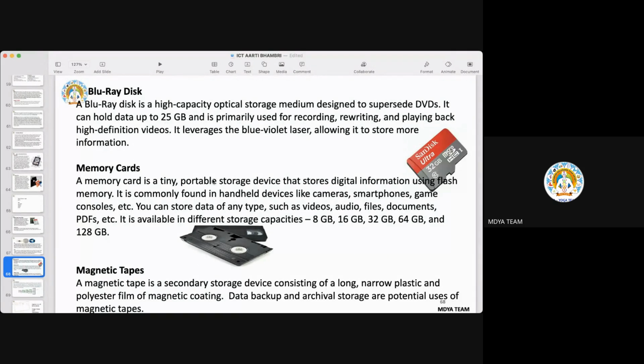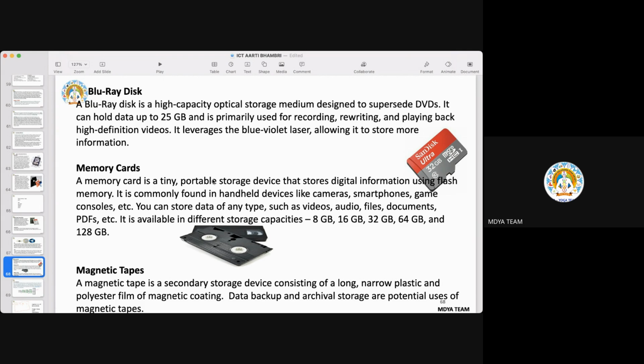Then memory cards. Memory cards are again a small portable storage device on which you can store your information digitally, and it is commonly used in your cameras, mobile phones, smartphones, and some systems like game consoles, just for playing games. When you need more storage, in those devices you can use memory cards.